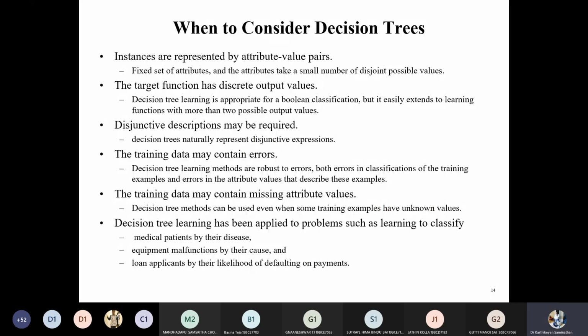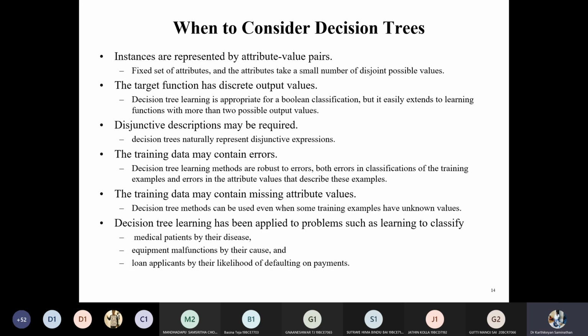When to consider the decision tree? Instances are represented by attribute value pairs. So whenever we have attribute value pairs, we can go with the decision tree. The second one: the target function has discrete output values. Here there should always be discrete output values, your target function, the outcome.